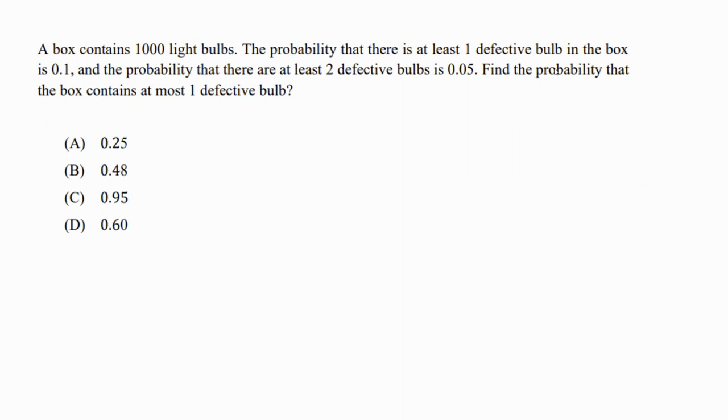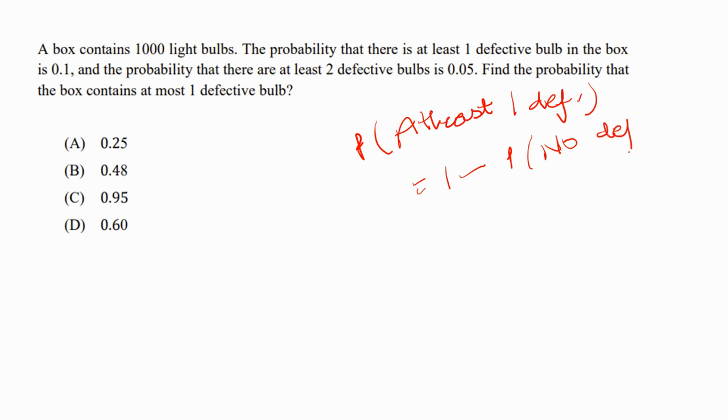So now we have this question: a box contains 1,000 light bulbs, and we want the probability that there is at least one defective. When we have at least one defective, we take 1 minus the probability that there is no defective.